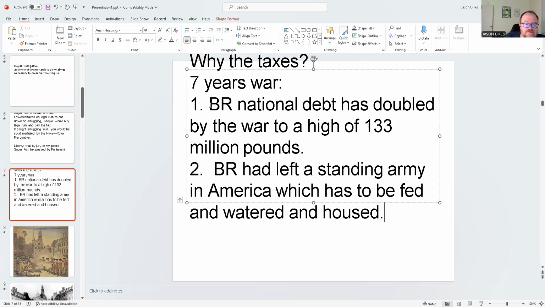Again, the 7 Years' War had started in America. It had been fought over American issues primarily and had led to a doubling of the debt. And Britain leaving an army in America, that army also has to be fed, watered, and the Americans should pony up for that.